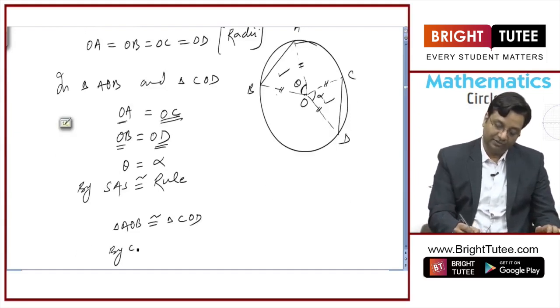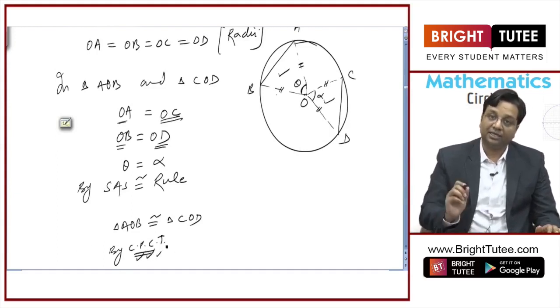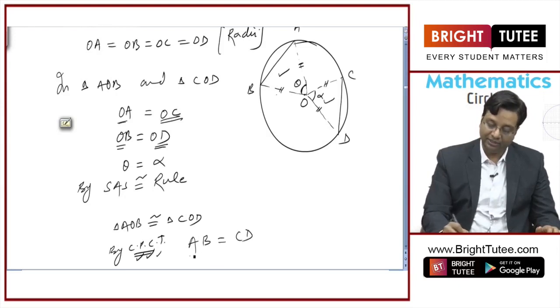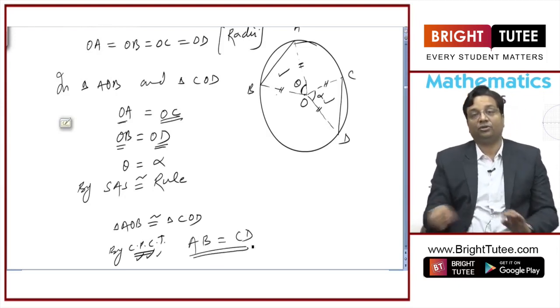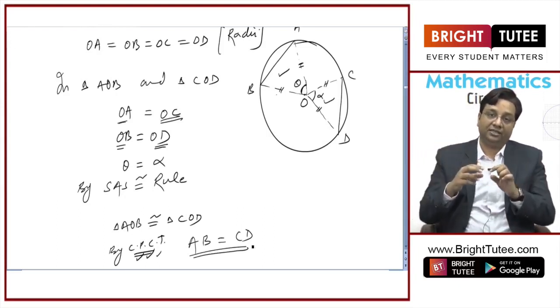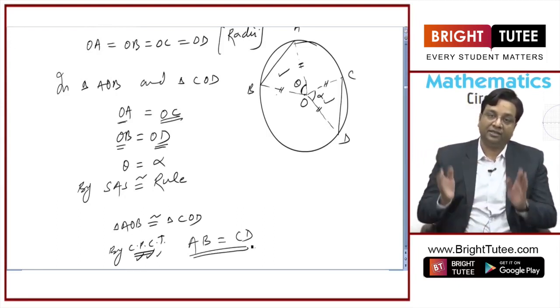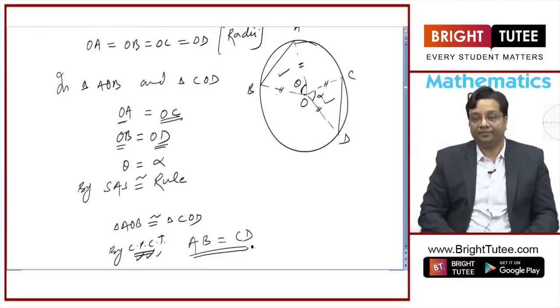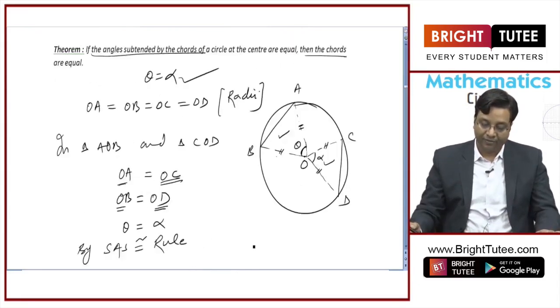Now by CPCT, what is CPCT? Corresponding parts of congruent triangles are equal. By CPCT, AB is equal to CD. So if two different chords subtend equal angles at the center of a circle, then these chords are equal in length.